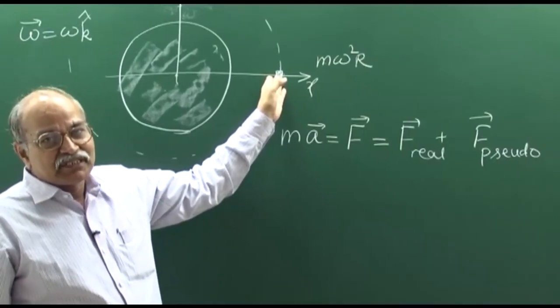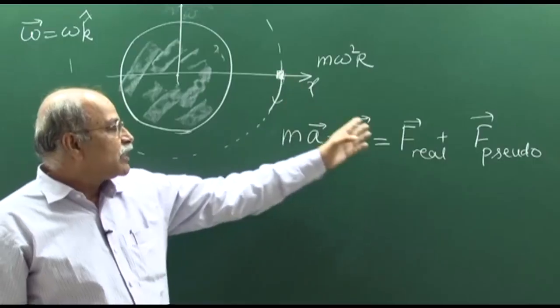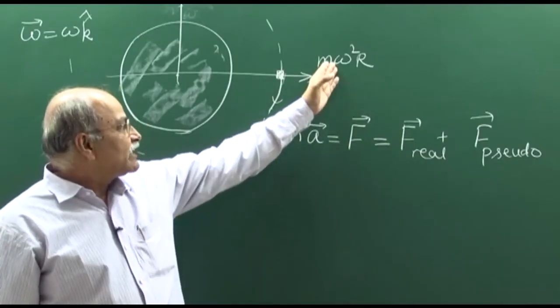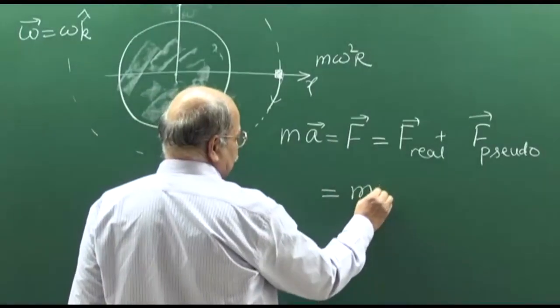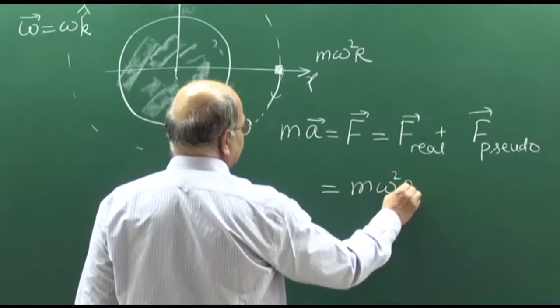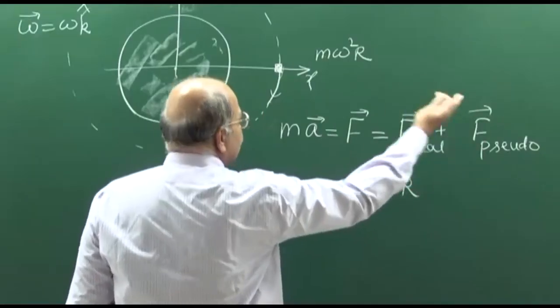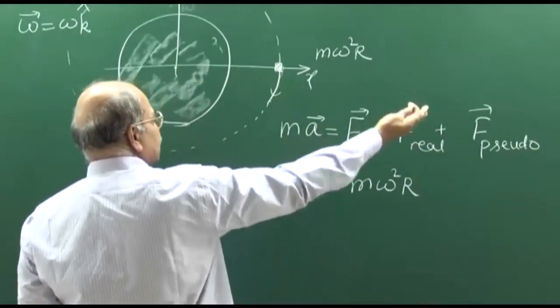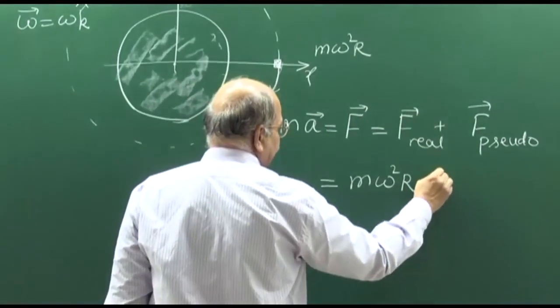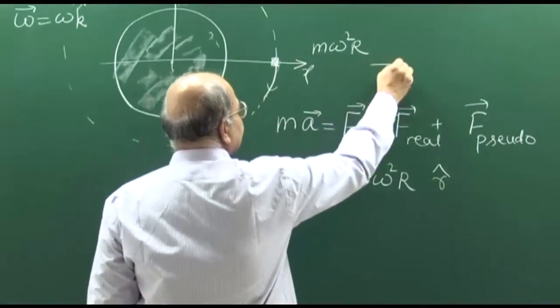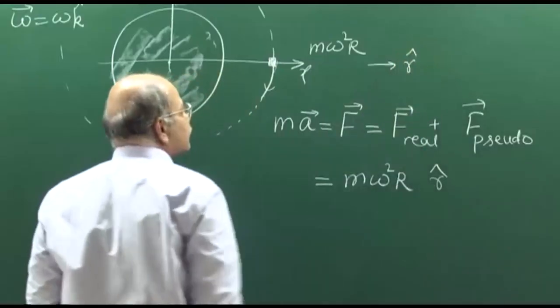So, this part is gone. The pseudo force is m times omega square times r in the outward direction. Centrifugal force is away from the axis, so I can write this as r cap, where r cap is the unit vector in this direction.